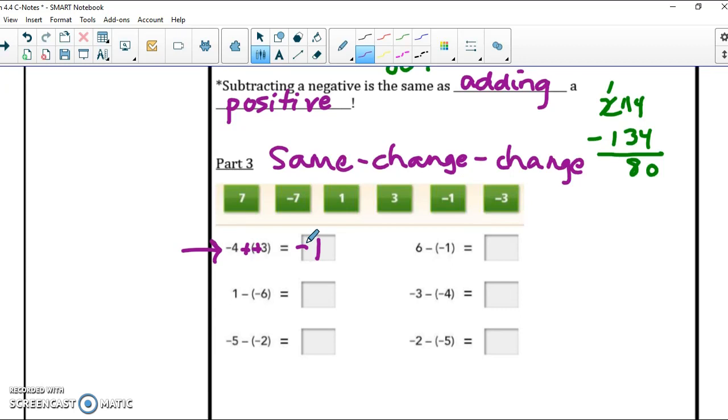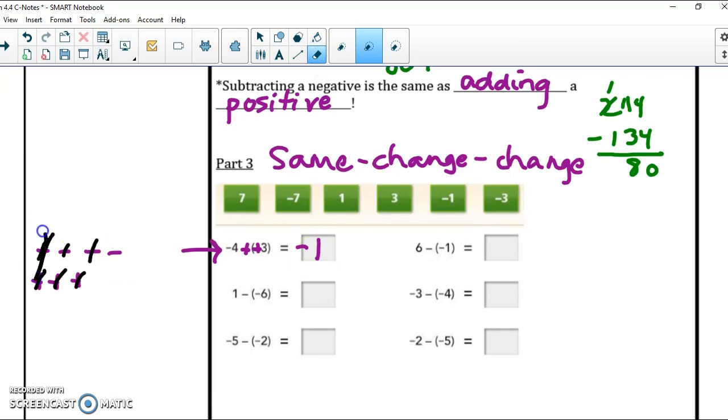If you want to test it out on a number line, you can do that. Or remember, we also drew pictures for these. So when I say negative 4, I literally have 4 negatives, and a positive 3 means I have 3 positives. Well, now I can cross out pairs because a negative and a positive will cancel. And what I'm left with is 1 negative, so it's negative 1.